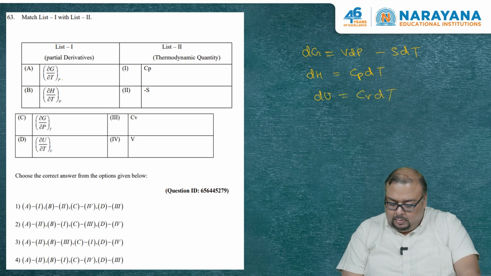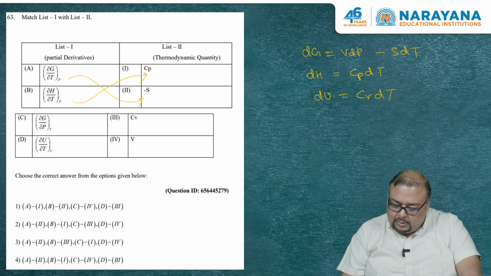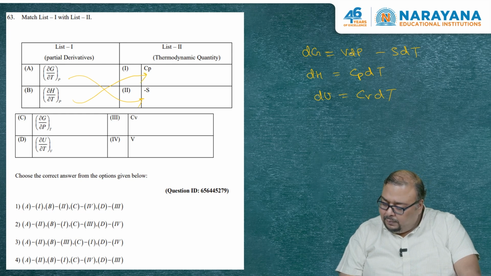Now if I am talking del G by del T, it will be minus S. So A will be corresponding to 2. Del H by del T, so dH by dT is Cp. Del G by del P, if I do dG by dP, I will get V. And if you do dU by dT, you will get Cv.